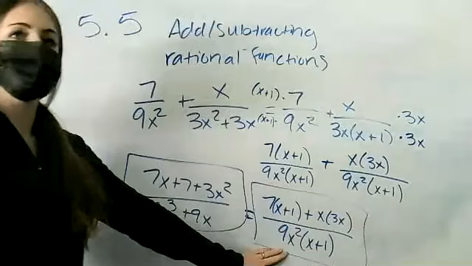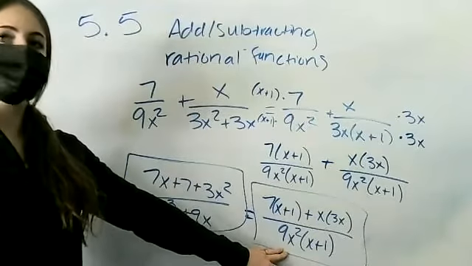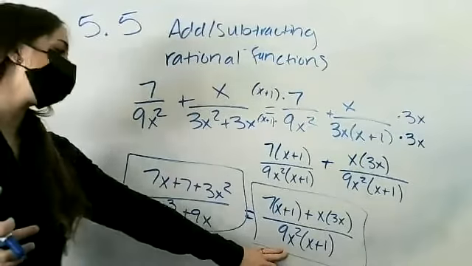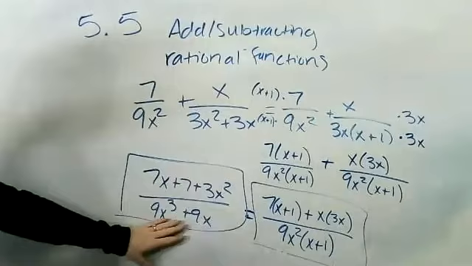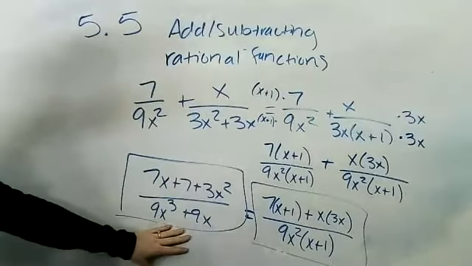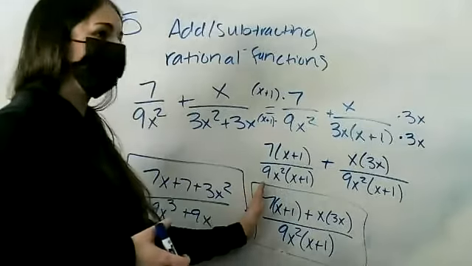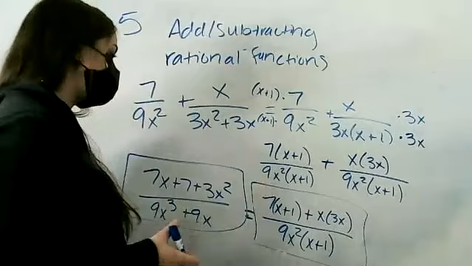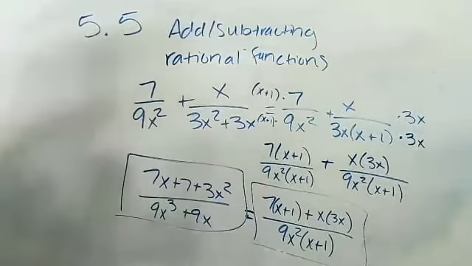Some people are driven nuts by leaving something with multiplication still hanging and not simplifying it out. So if that's you, you can multiply this out and get this answer and leave it like that. If you can see from here that this is not gonna end up being able to cancel anything, you're fine with just leaving it in that kind of nastier state. Does that make sense? Okay, questions?